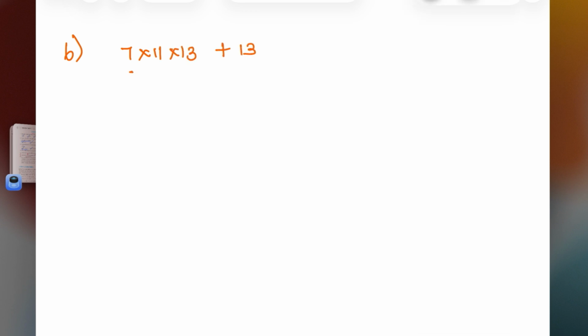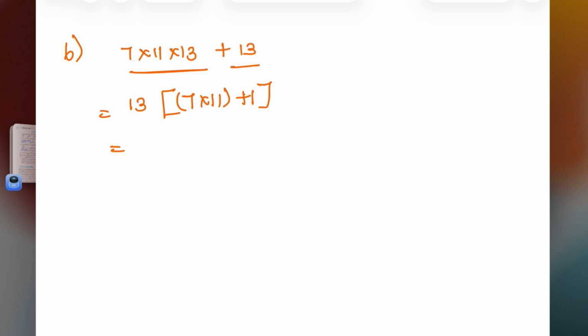This is A and this is B. From A and B, we can take 13 as common. On taking 13 as common, 7 into 11 will remain in A and plus 1 will remain in B.